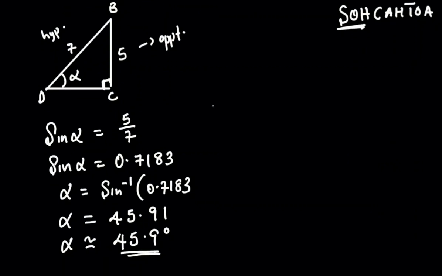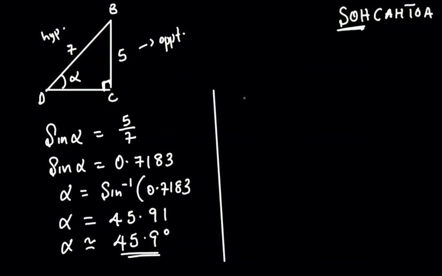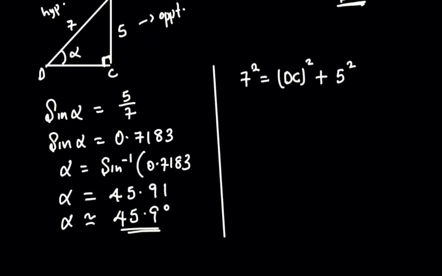Now, using Pythagoras theorem, this is what we are going to have. 7 squared, that is the hypotenuse squared, is equal to DC squared plus 5 squared. All right. This is 49 is equal to DC squared, then plus 25.